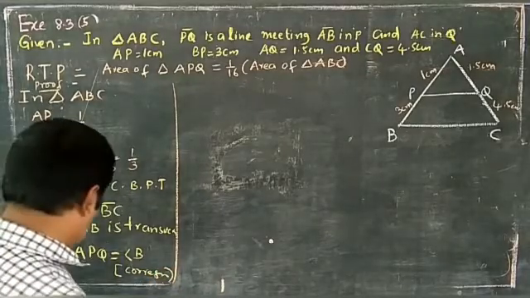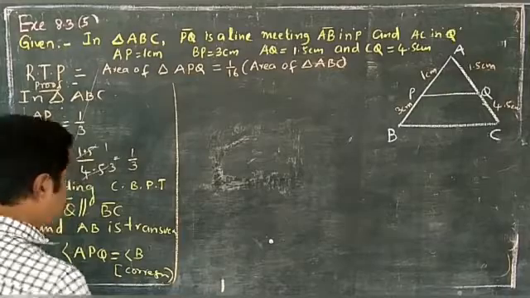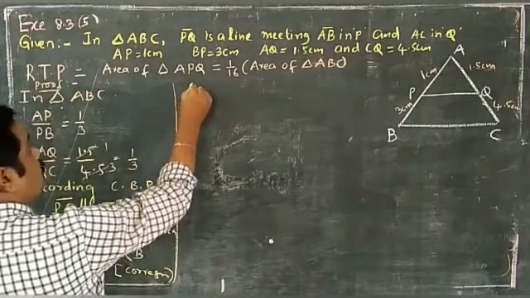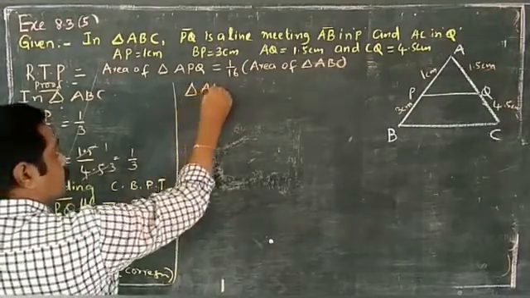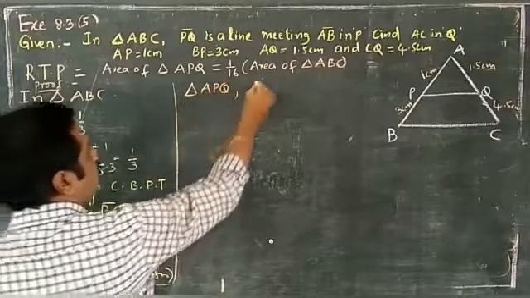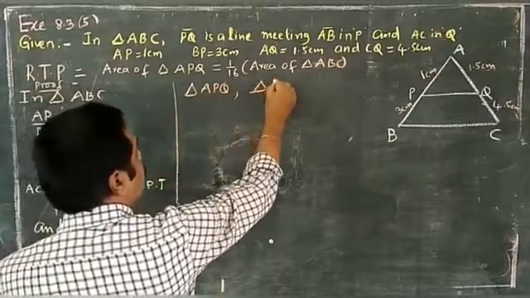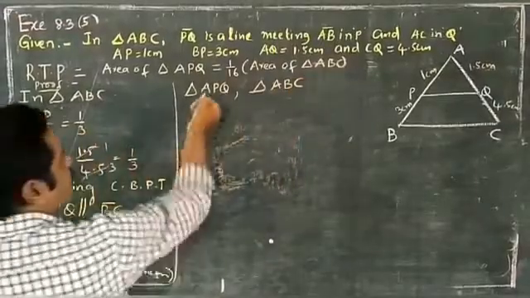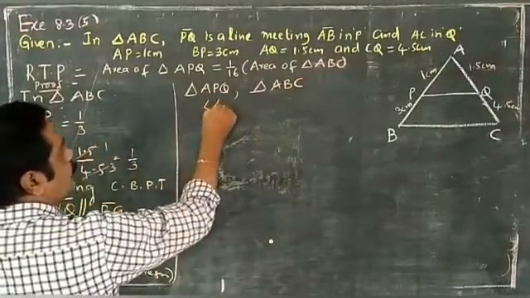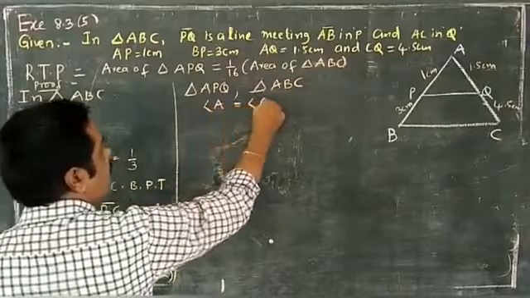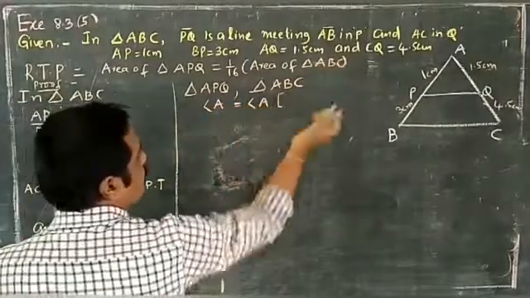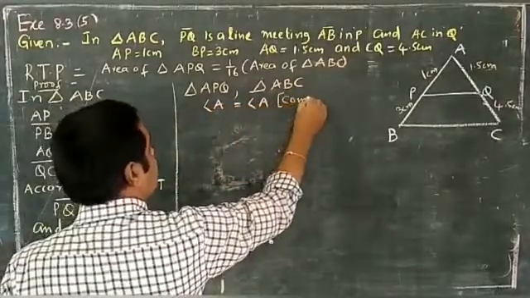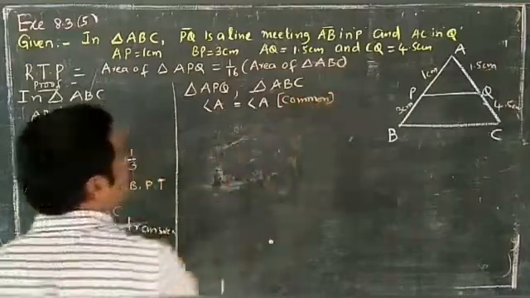Now I am going to check these two triangles, triangle APQ and triangle ABC. For this triangle, angle A is equal to angle A in this triangle, since they are common angles.